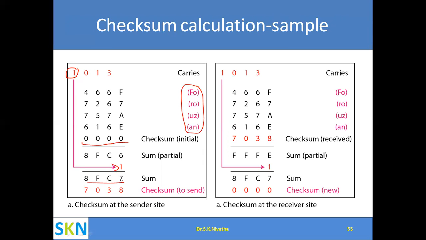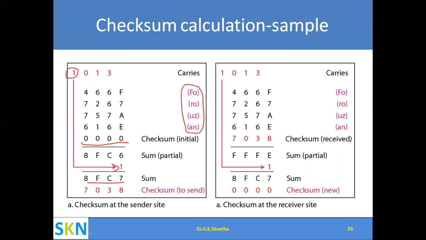For this wrapped sum, we have to take the complement. For binary, complement means we convert all zeros into 1 and all ones into 0. For hexadecimal, we subtract from the maximum value. For binary the maximum value is 1, so we subtract from 1.